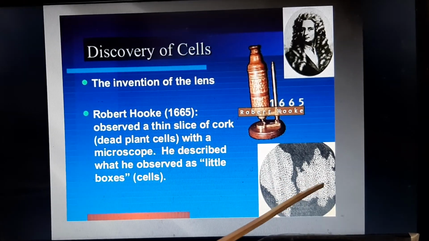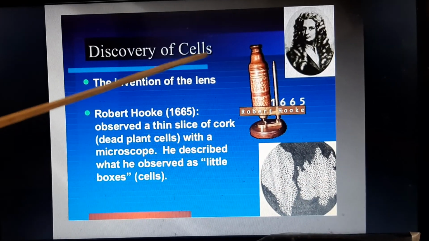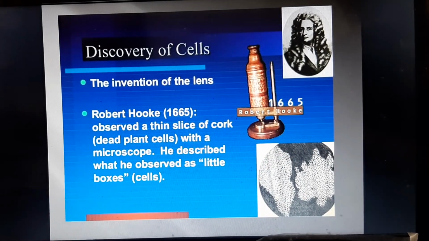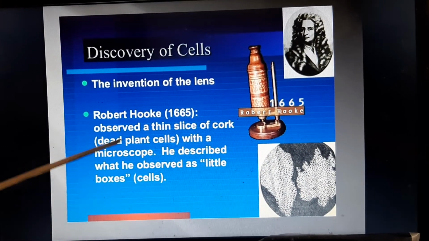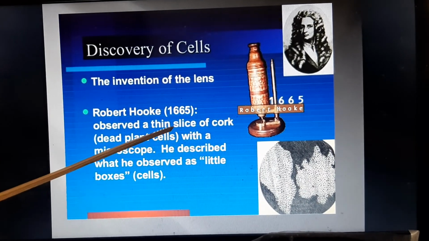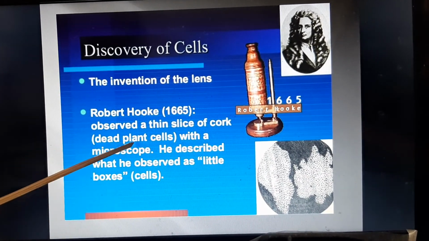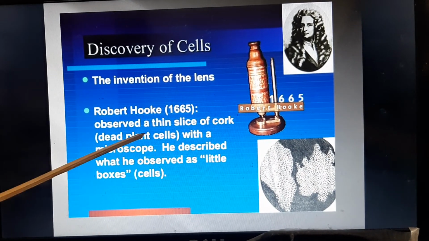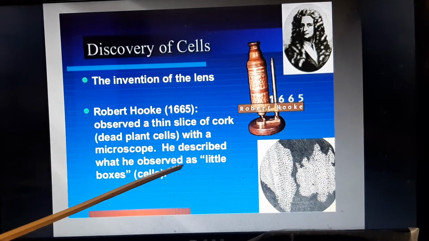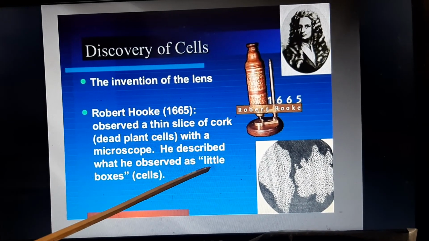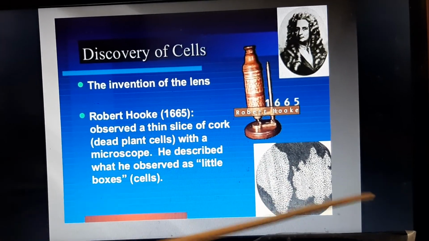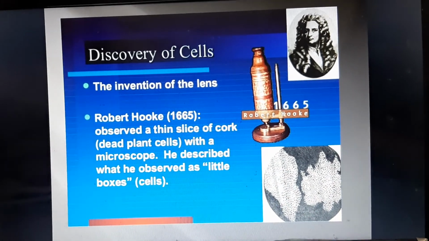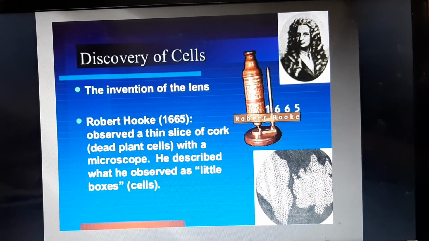He used a lens to observe the cells. Robert Hooke observed a thin slice of cork, dead plant cells. Here we are talking about plants which are dead, not alive. With the microscope, he described what he observed as little boxes and called them cells. Okay, students?